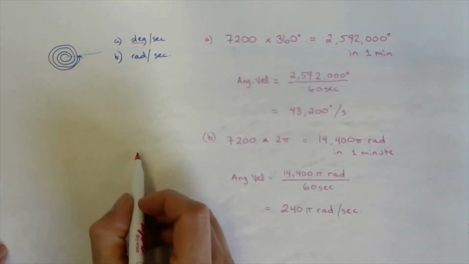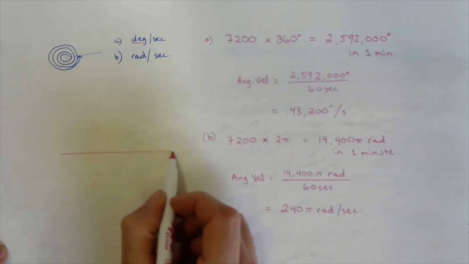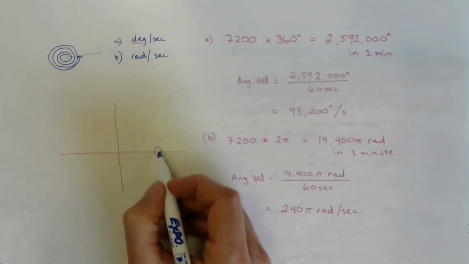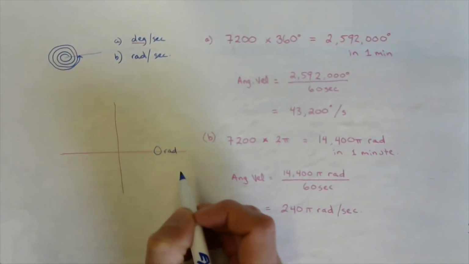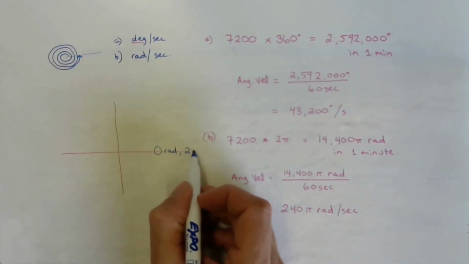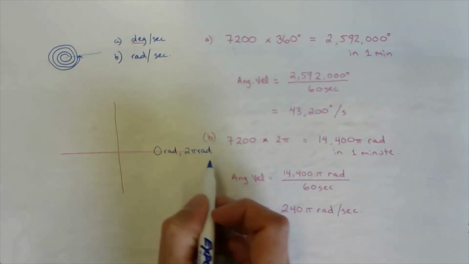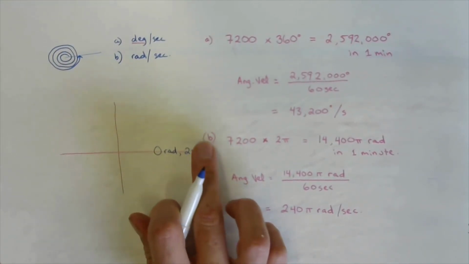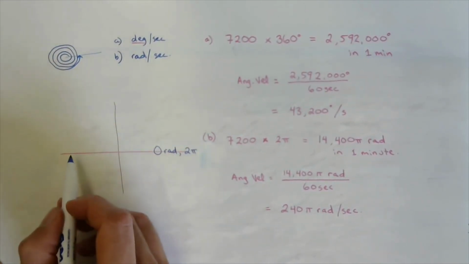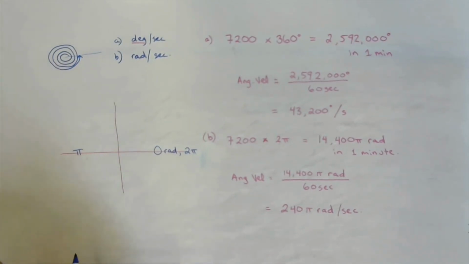You already know that over here you have 0 degrees and 0 radians, okay? And if you go all the way around, you have 2 pi radians. You don't need to write rad each time, just write the actual measurement. So all the way over here you have 0 and 2 pi, which means over here is 1 pi. And I'm going to allow you to try your best to fill in the rest.